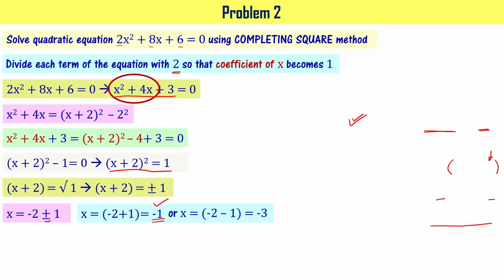First value is −1 and second value is −3. And we know that a quadratic equation can have at most two roots, right? These are the roots. −3 and −1 are the roots of x² + 4x + 3 = 0, right?